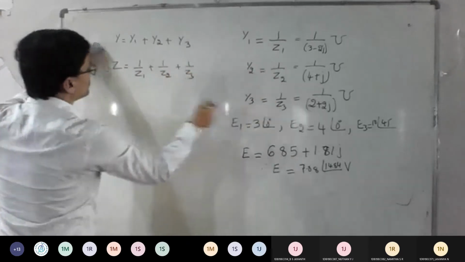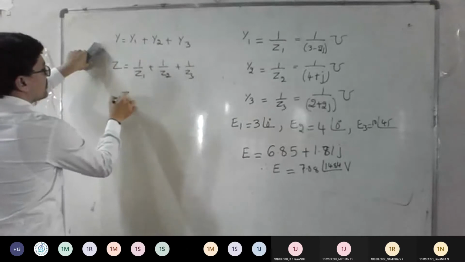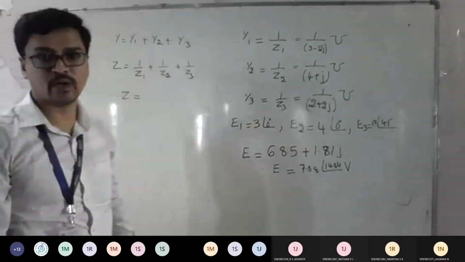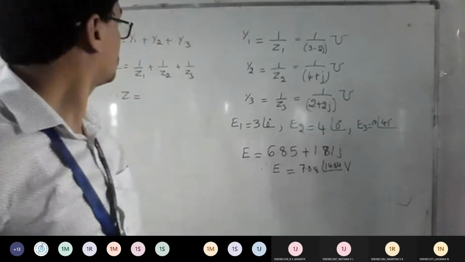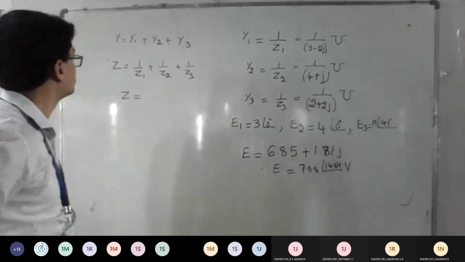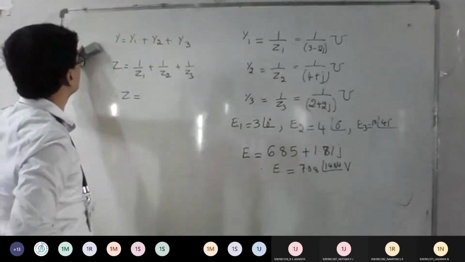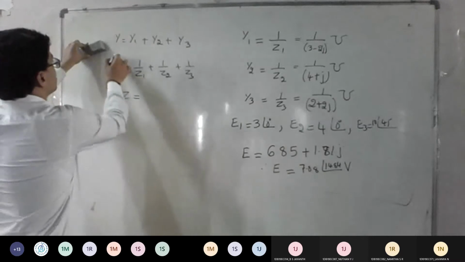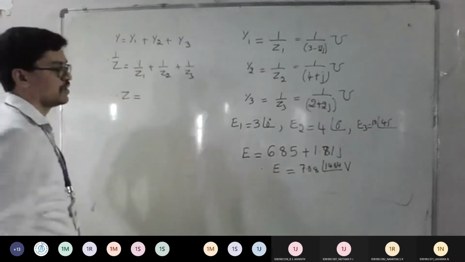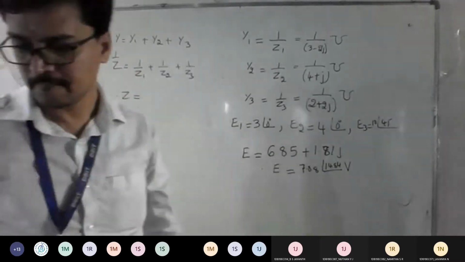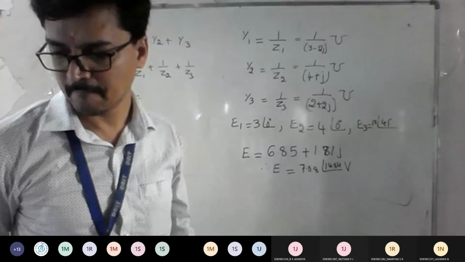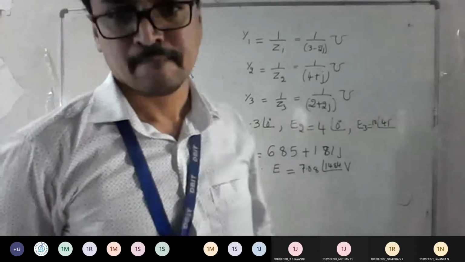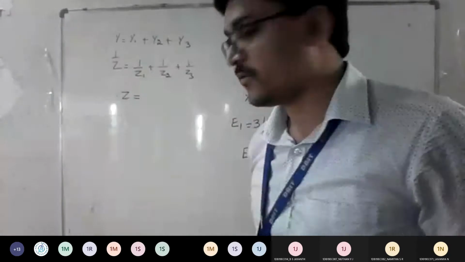Whatever answers you got here, dump them here and tell me what your equivalent impedance is. You should take the reciprocal here. How much is that? Just check out here. Others, have you got the answer for the voltage?